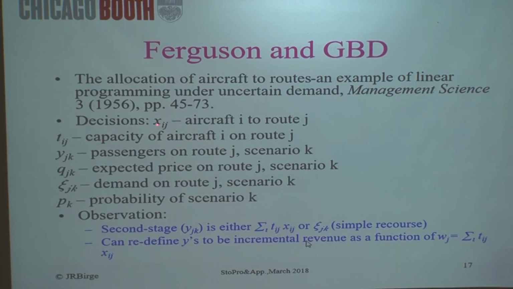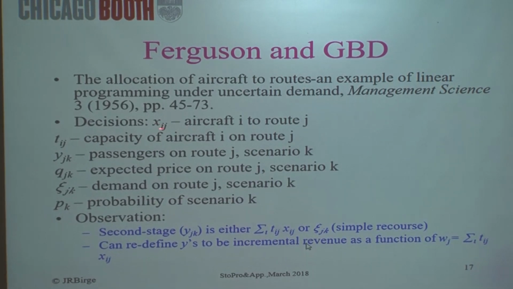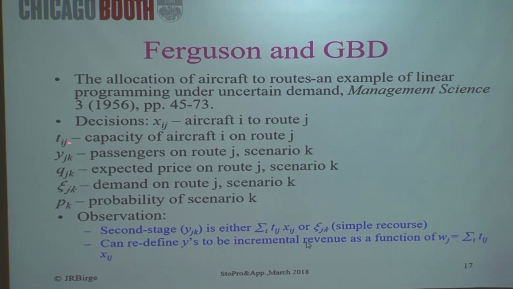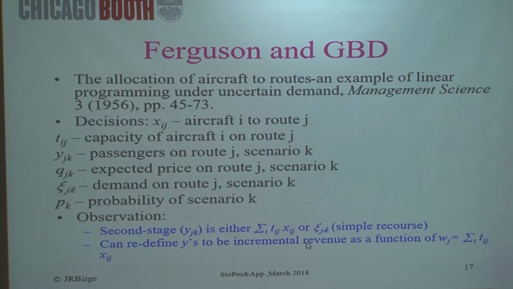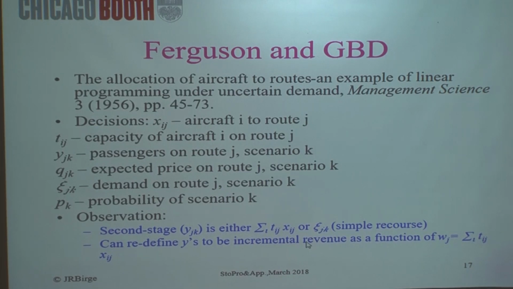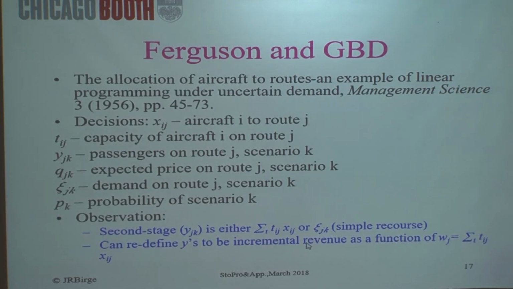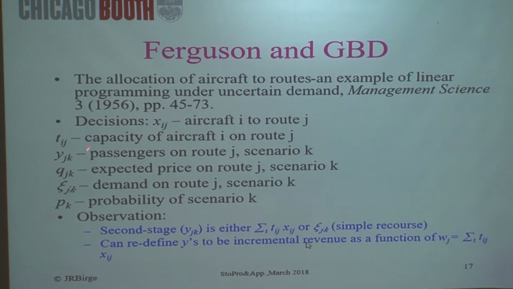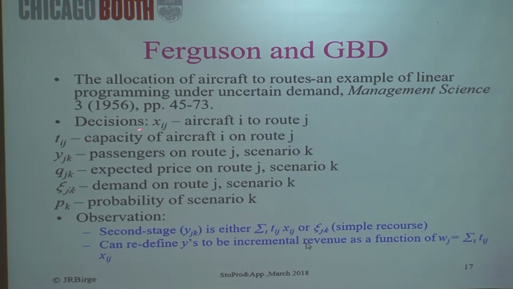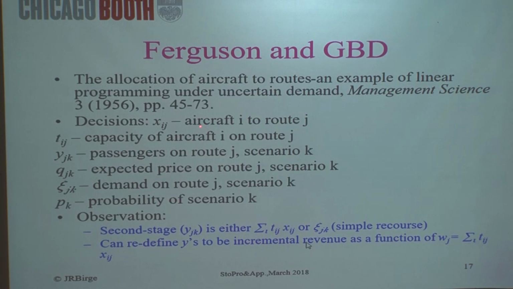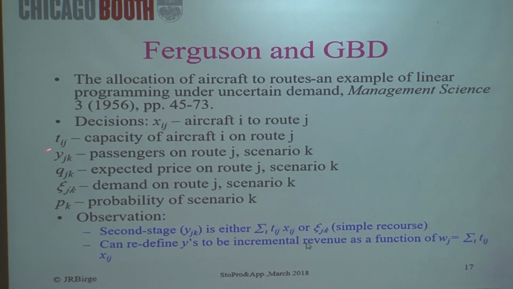So this is the number of aircraft, and this is their capacity. So in this case, if my route is Delhi to Chicago, and I might have more than one flight, this would be like, what aircraft am I going to put on that route, and then how many passengers can they take?